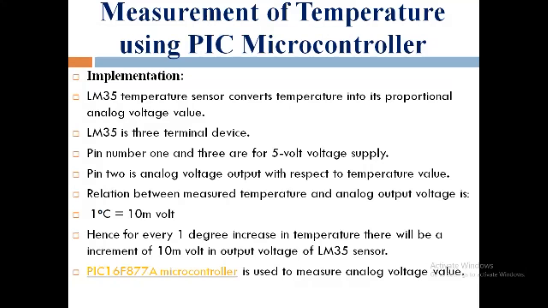Then PIC 16F877A microcontroller is used to measure the analog voltage value, which is directly proportional to the temperature measured by the LM35 temperature sensor.